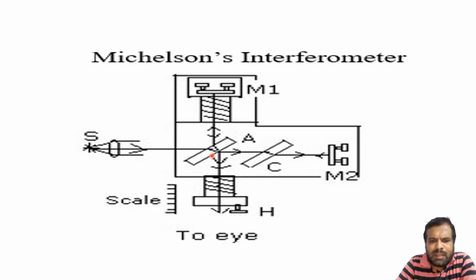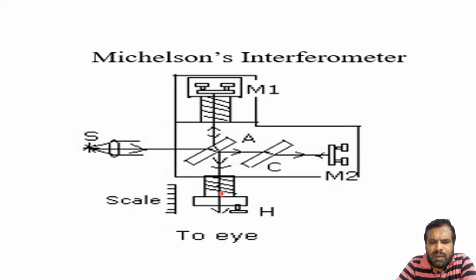The light is partially reflected along AM1 and partially refracted along AM2. These two beams, moving mutually perpendicular to each other, are reflected back by mirrors M1 and M2 and retrace their paths and reach the plate A.